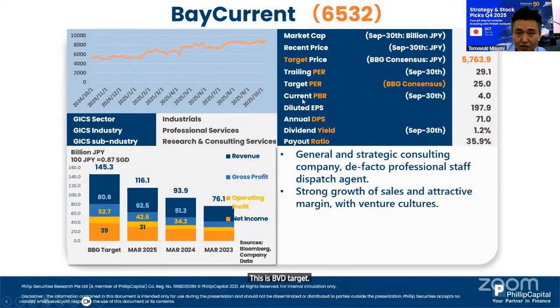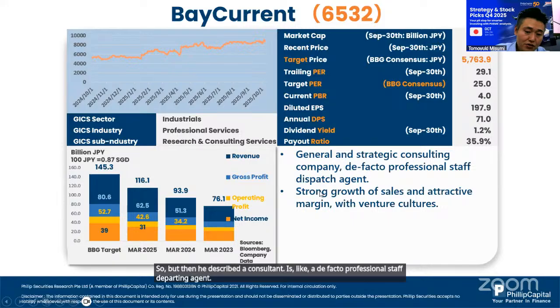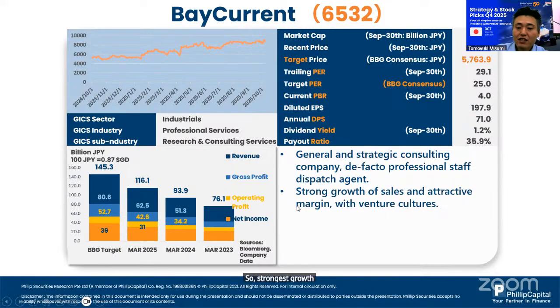And let's see Current Consulting, this is a general strategy consulting company. They dispatch consultants like a de facto professional staff dispatching agent. So they have the strongest growth of sales and transaction margin with venture culture.